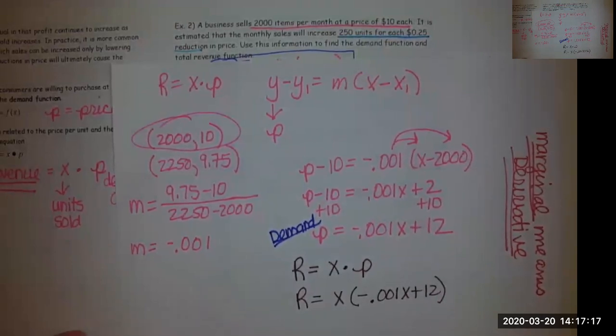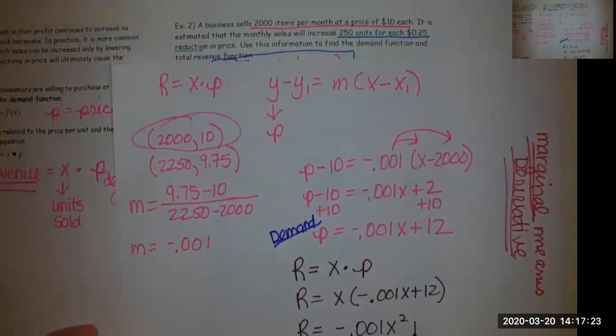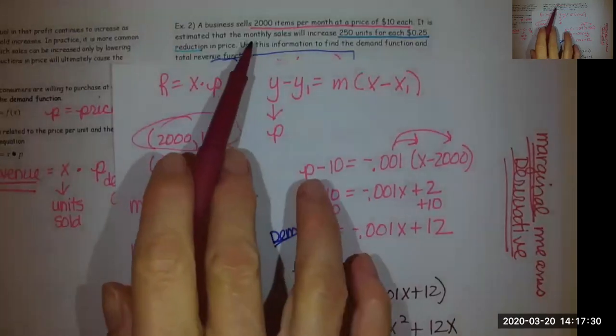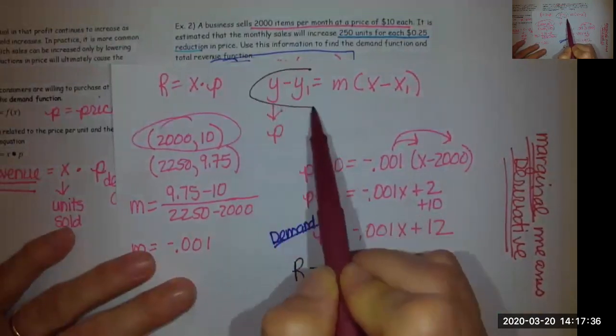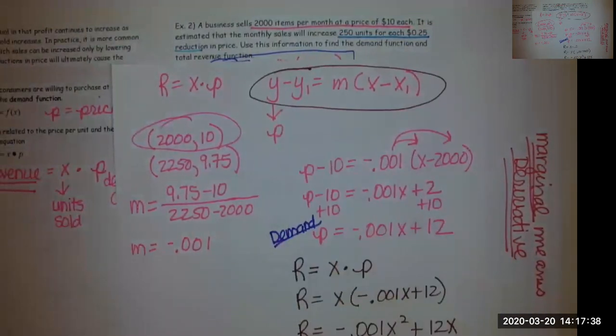And if you distribute that through, we have R equals negative 0.001 x squared plus 12x. Okay, so anytime that you are given a problem where they're giving you items and price, you're going to use point slope form to get that done.